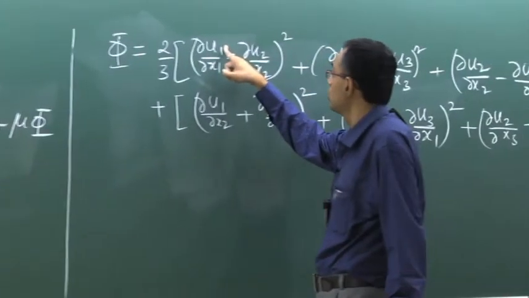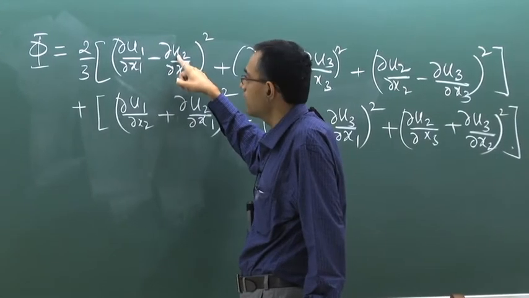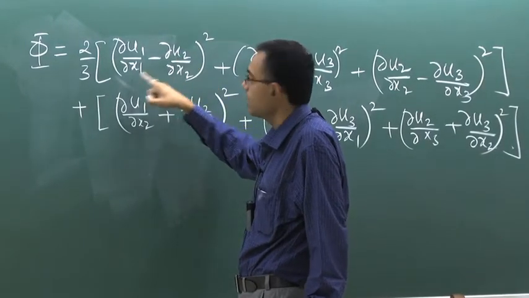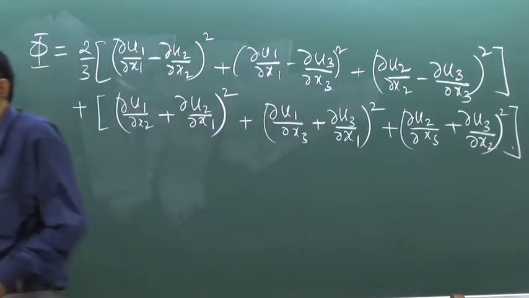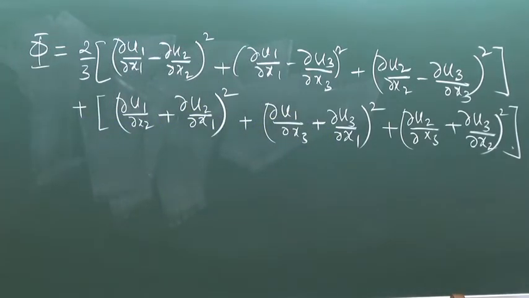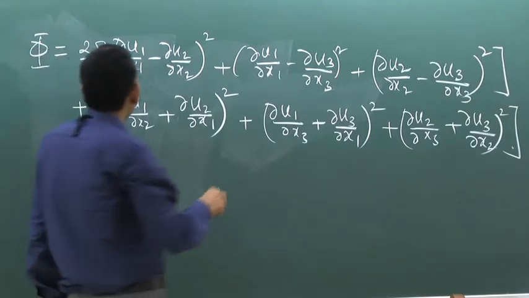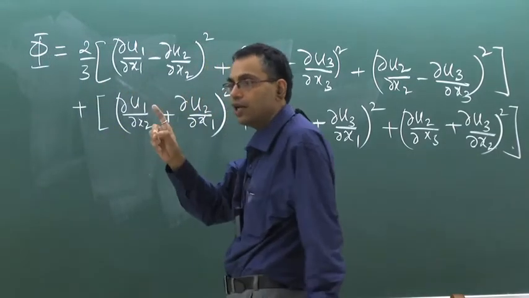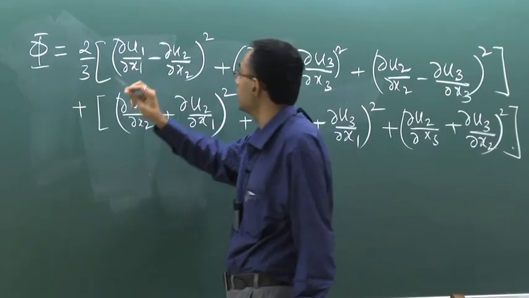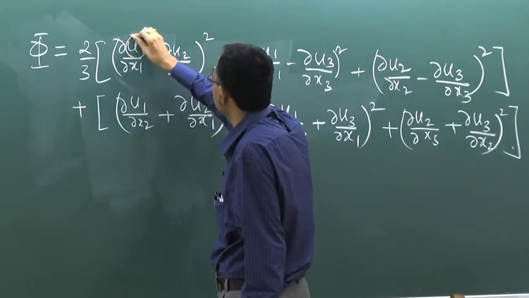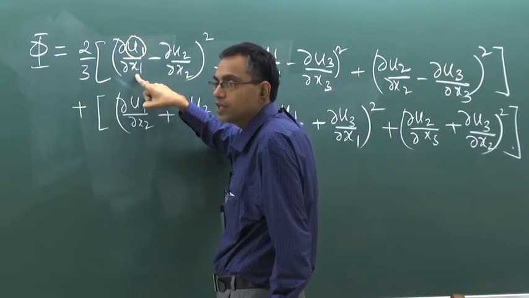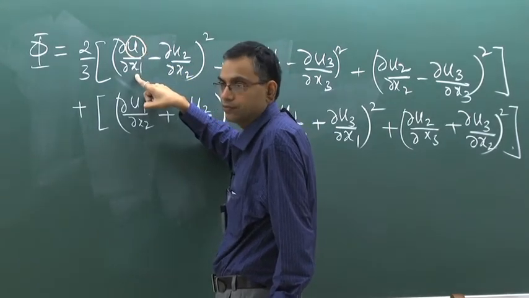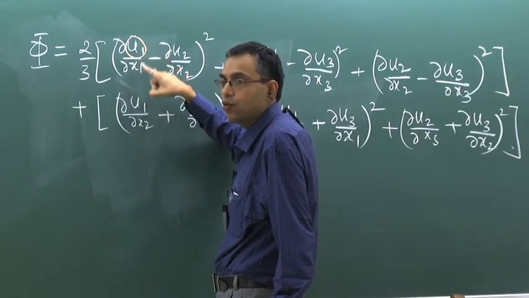In the usual index notation, U1 means U, U2 means V, U3 means W, X1 means X, X2 means Y, X3 means Z. Now let us see, first of all, U is a function of Y only and there is no other velocity component. So only the term with U1 differentiated with respect to X2 will be there, that is, only del U1 del X2.